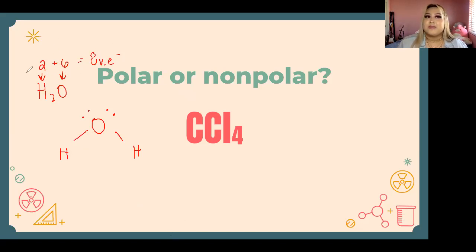That should always be your first step: counting how many valence electrons there are supposed to be. The bonds always count as 2, so 2, 4, 6, 8. So these 2 lone pairs here make it very unbalanced, right? Yes.